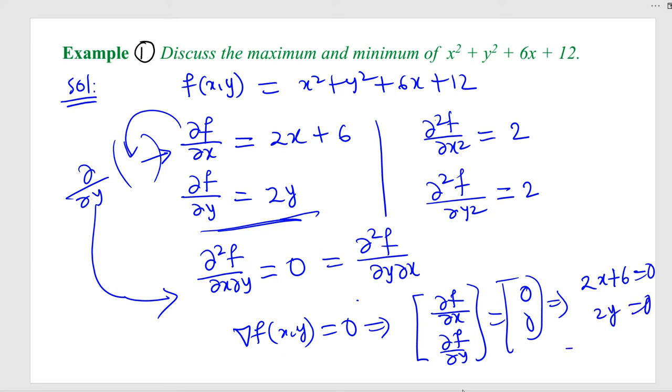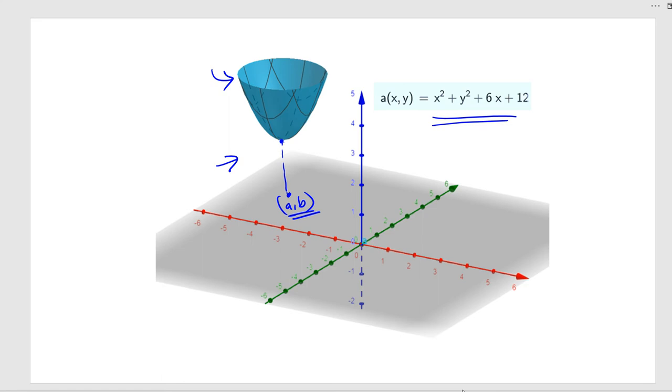So from there we get x equals minus 3, y equals 0. So here we get x equals minus 3 and y equals 0. Now, only one stationary point: minus 3 comma 0.